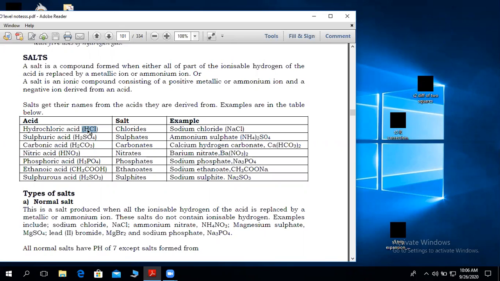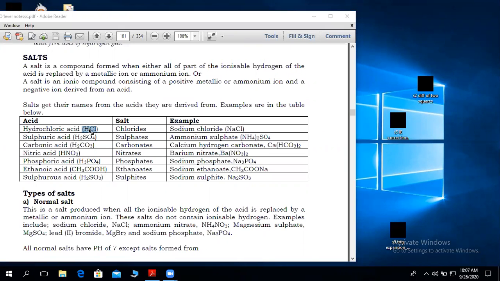All the hydrogens of the acid are replaced. And the other thing that is important, we said monobasic acids. Monobasic acids are acids that contain one hydrogen atom. So all monobasic acids form normal salts.